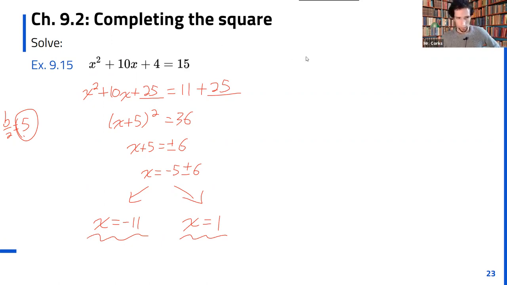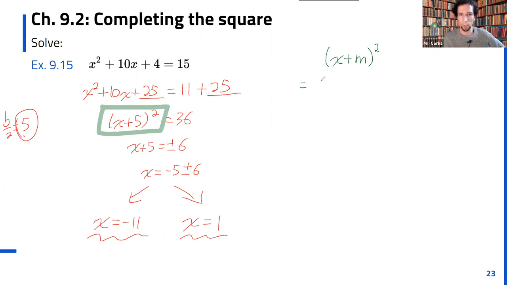Professor, I'm a little bit confused in the second step, which is x plus 5 squared. How did you make it like this? Okay, so that's the pattern we looked at, x plus m squared.